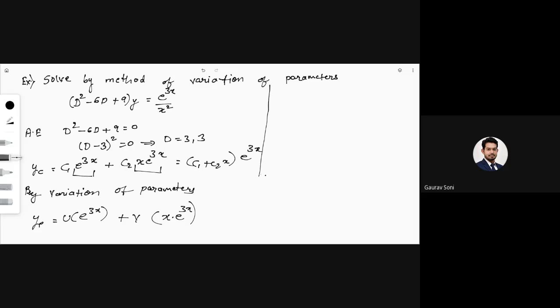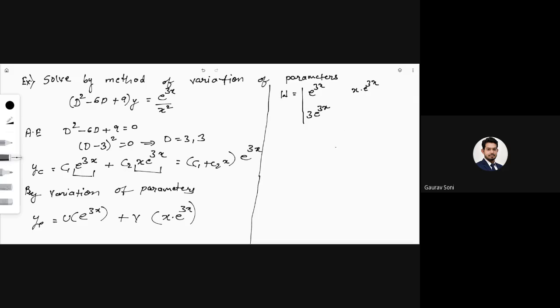Now to find u and v is our task. So for u and v, we will find out the Wronskian. Wronskian is simply the determinant: e to the power 3x, x e to the power 3x; then the derivative of e to the power 3x is 3 e to the power 3x.